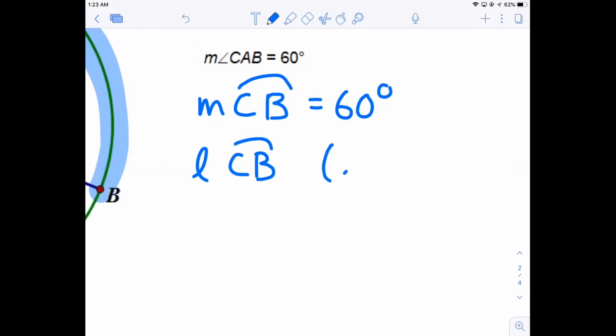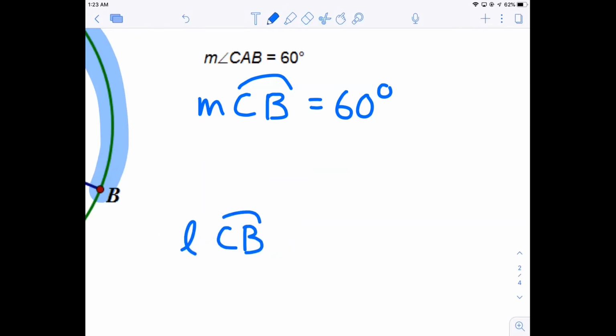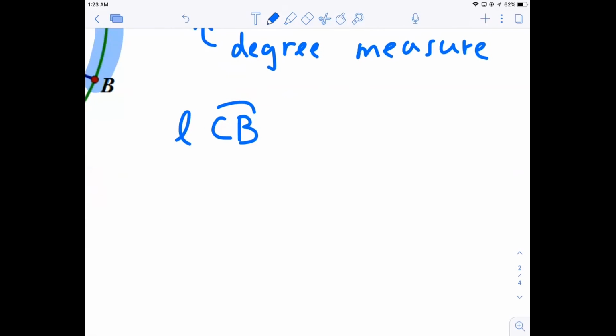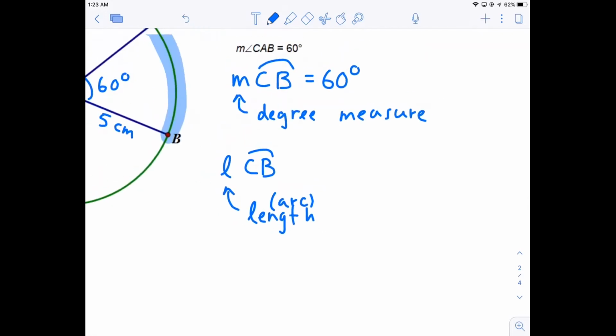Let me write it for the other one also. This refers to the degree measure, and this refers to the length, or the arc length of CB.